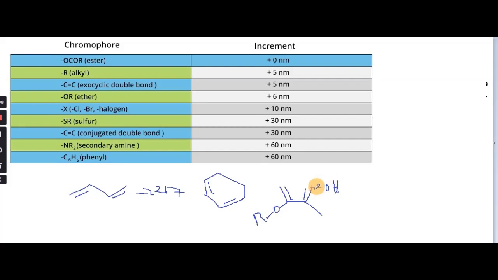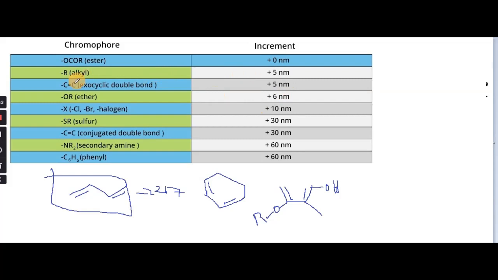These are basically called auxochromes, because they alter the electron density of the compound, which may change the wavelength of absorption. So when we have a base diene like this and we add an ester functional group, that adds no wavelength. When we add an acyl substituent, either an alkyl group or a ring residue, we increase the wavelength by 5.